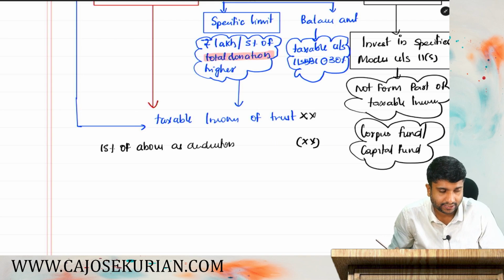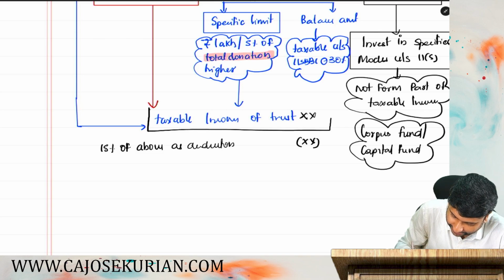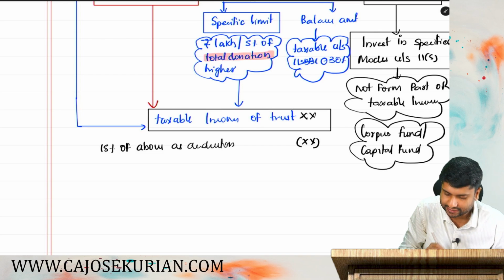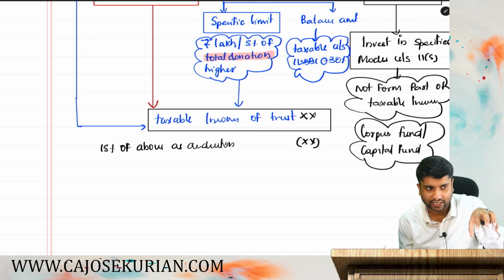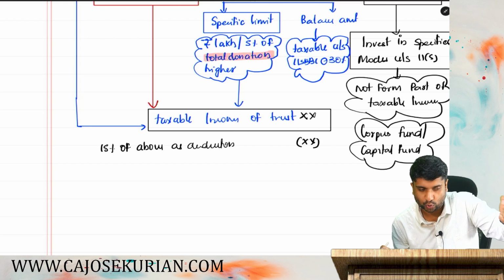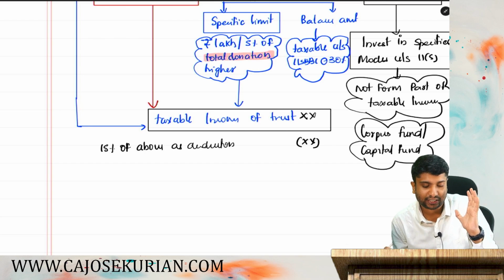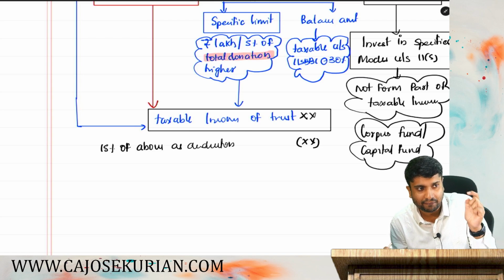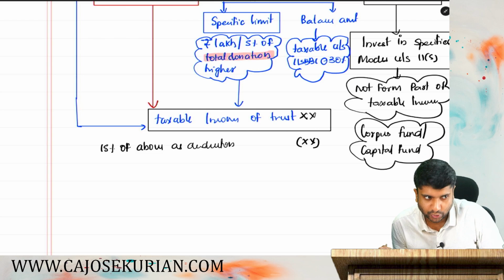Are you all listening? What do you mean by the concept of accumulation? Very simple, friends. Every trust can accumulate 15% of their taxable total income for their future purposes. That also means every trust has to apply 85% of their taxable total income in the respective year for their charitable objects. Are you with me?